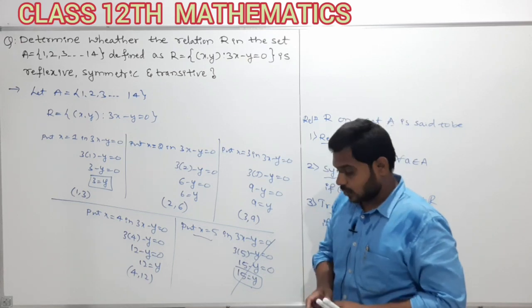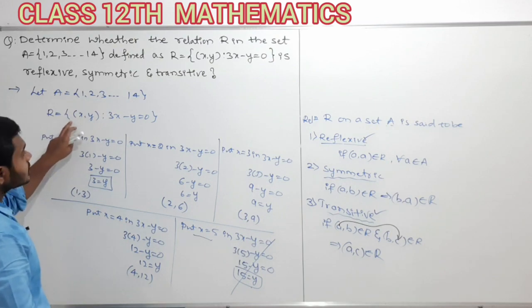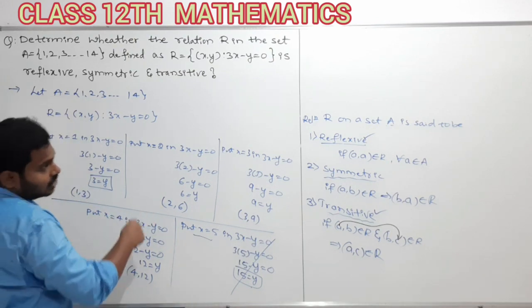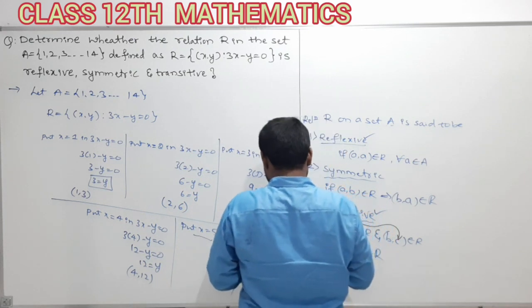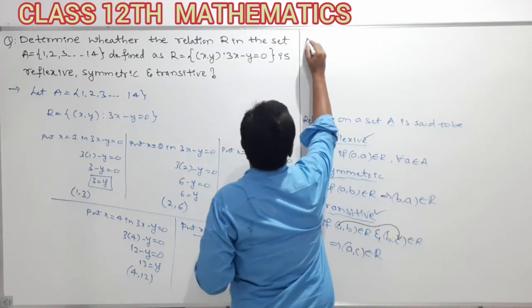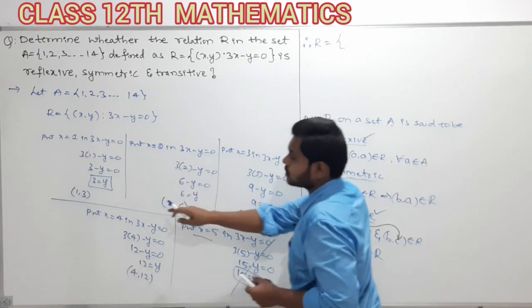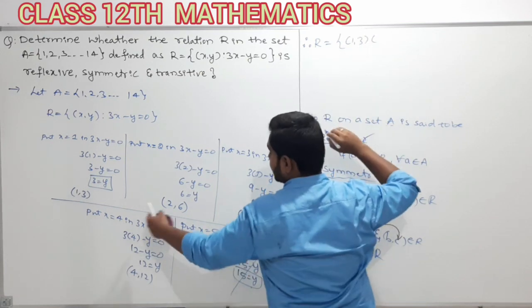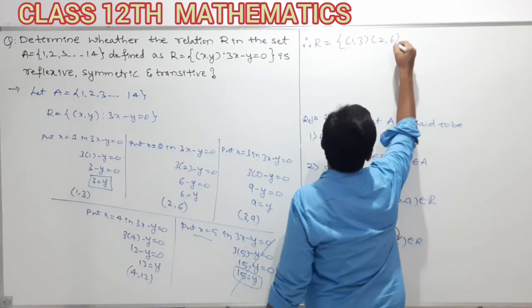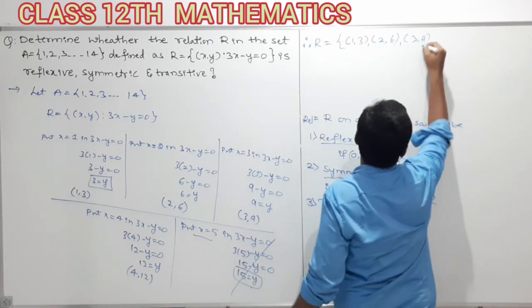So therefore, my dear students, in the relation R, what are the elements? By seeing all this, in the relation R we have these elements. So R equals, what are the ordered pairs? 1 comma 3, and next, my dear students, 2 comma 6, and next 3 comma 9, and 4 comma 12.